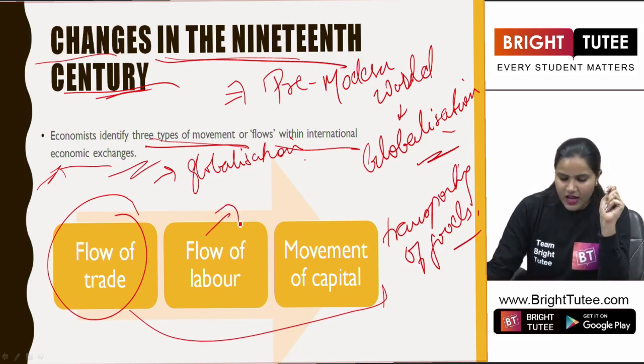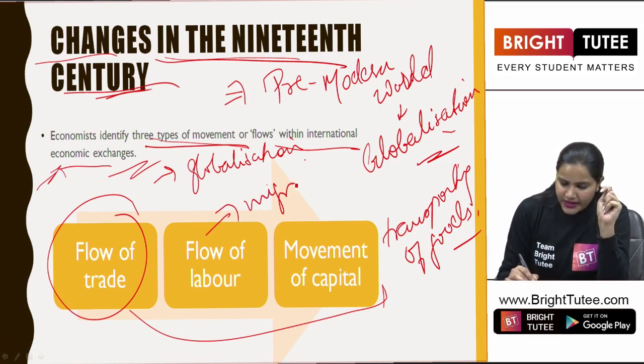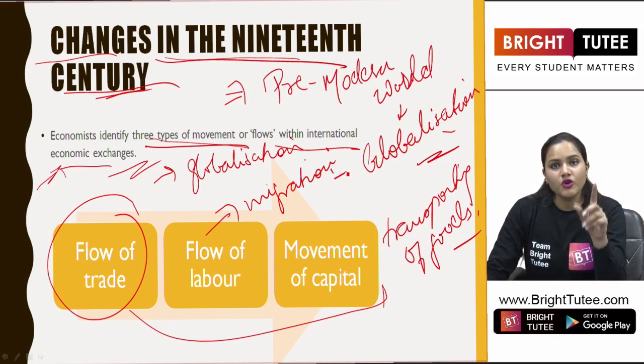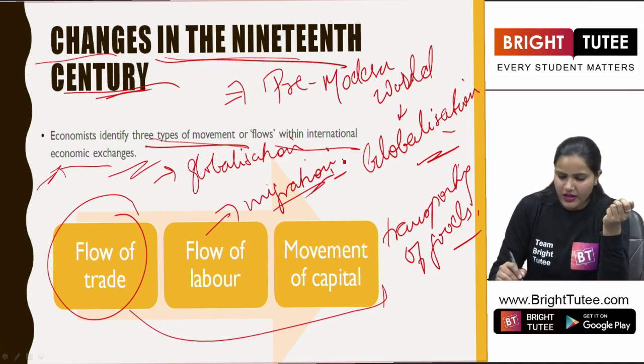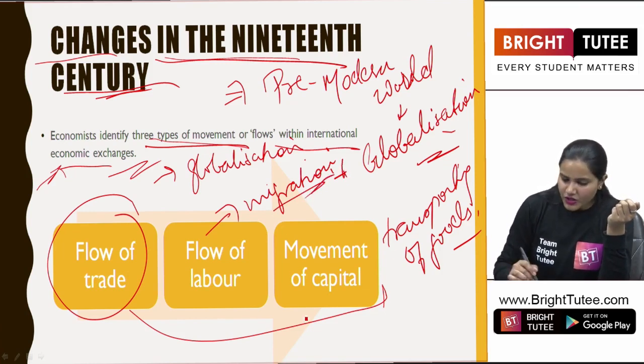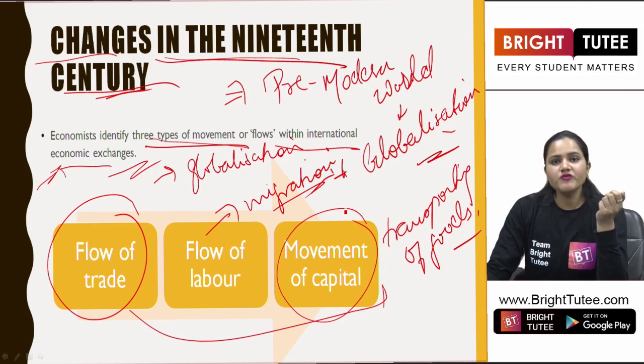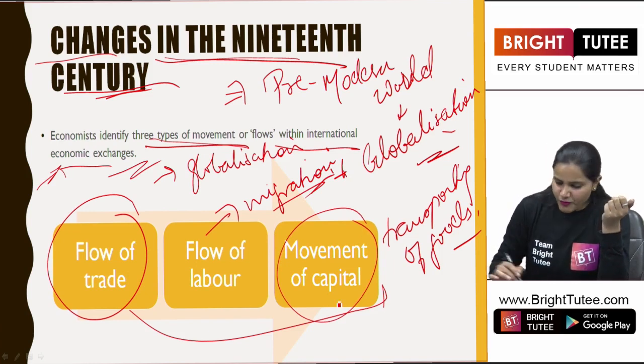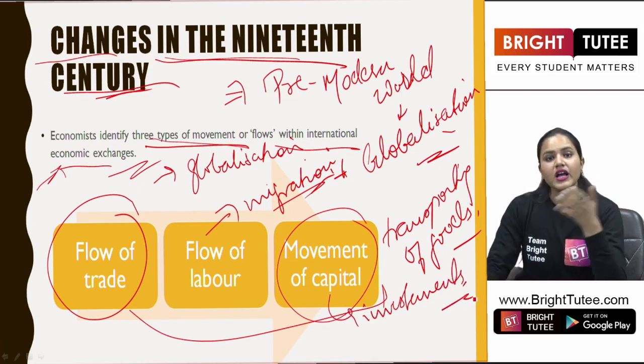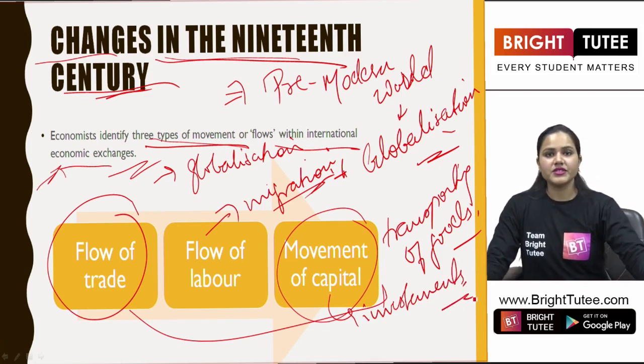The second one is flow of labor, as in people migrating from one place to another in search of good living conditions or any other factors, right? The third movement is the movement of capital. Movement of capital here means overseas investments that were made by a lot of European powers, right?